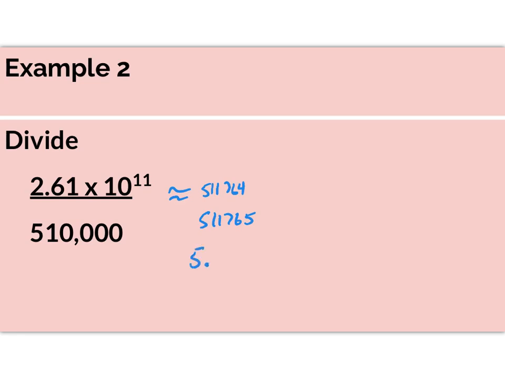We're going to take 5.11. You know what? I'm going to round this off to 3 digits. Let's round this off to 512 times 10 to the 5th power.